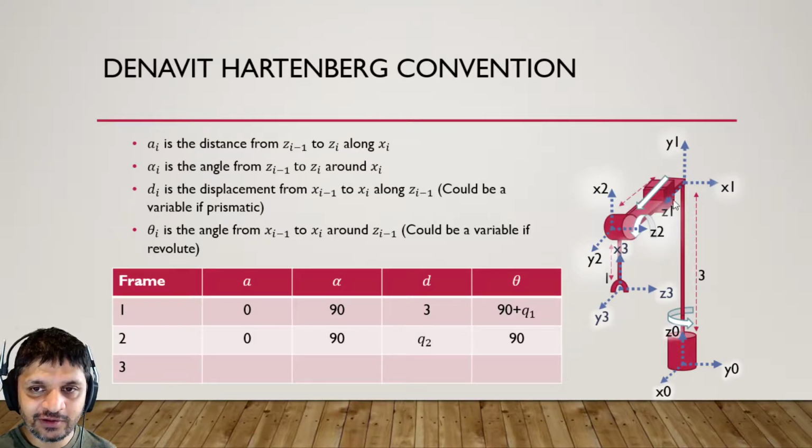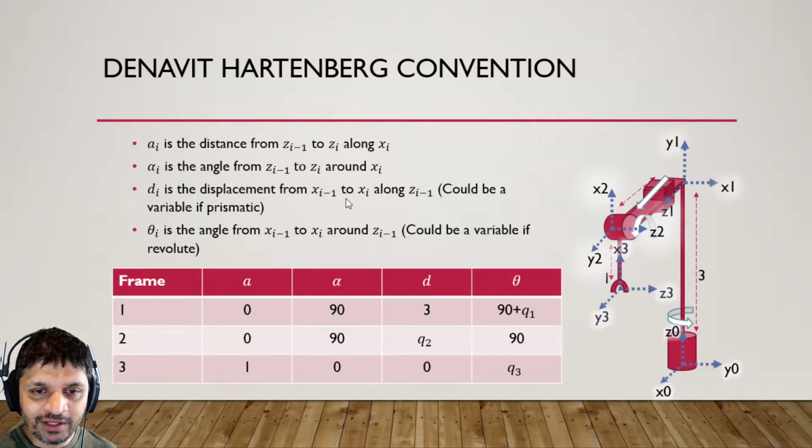So now in this case, xi minus 1 is this one and xi is this one. And I need to rotate around zi minus 1. So if you do that with your right hand, you'll see that that rotation is 90 degrees as well, right? If your thumb is pointing along this z, this rotation here from x1 to x2 is 90 degrees. Okay, so I filled in frame 2.